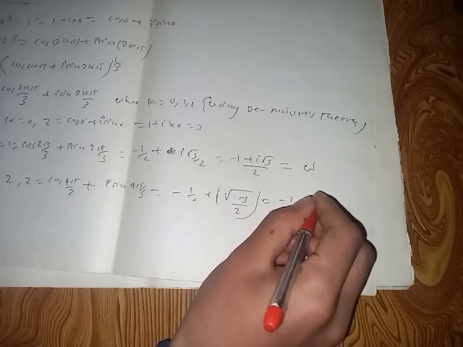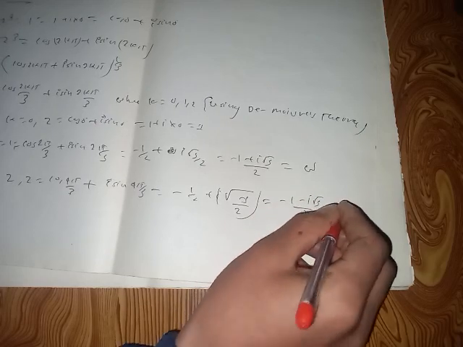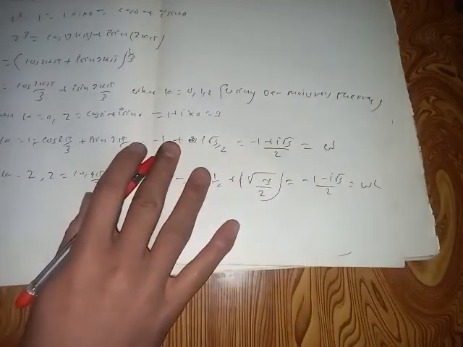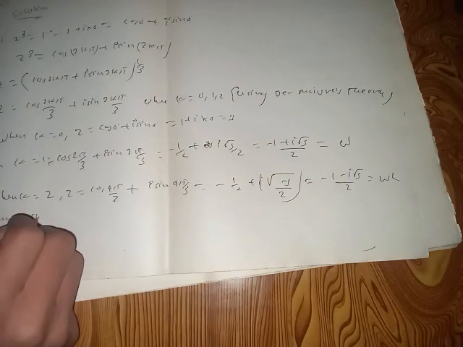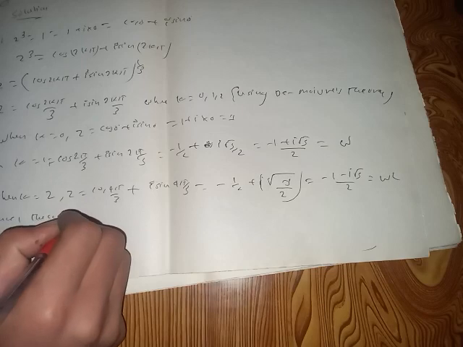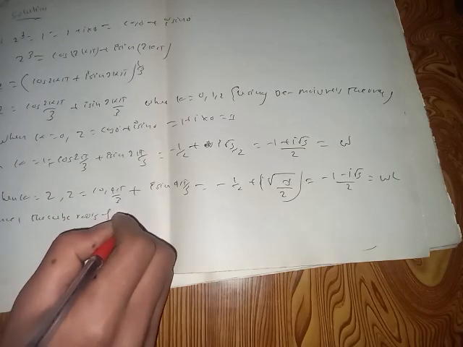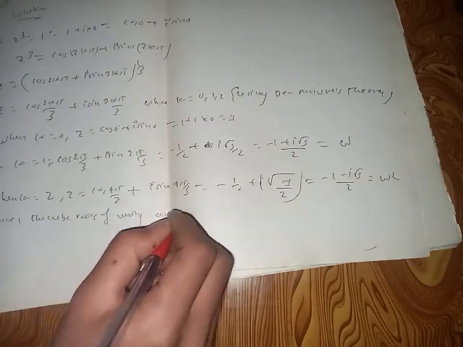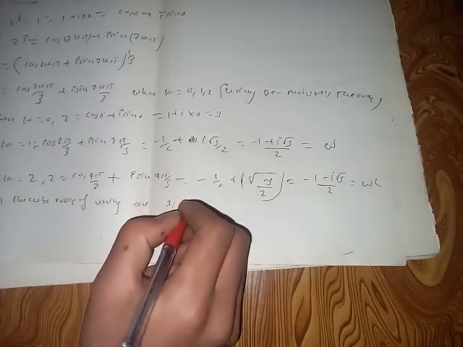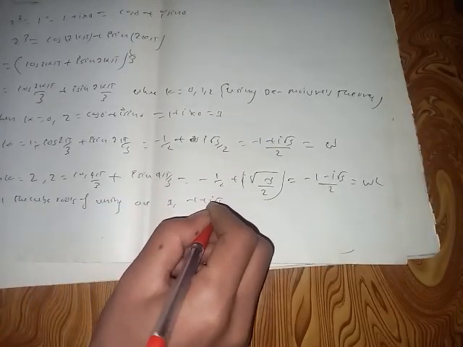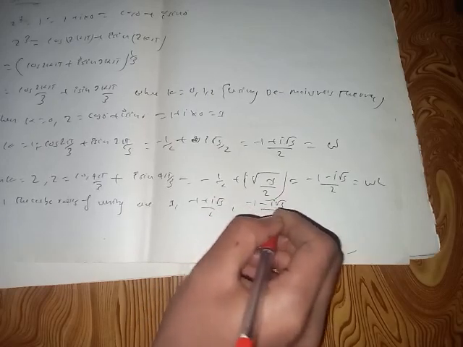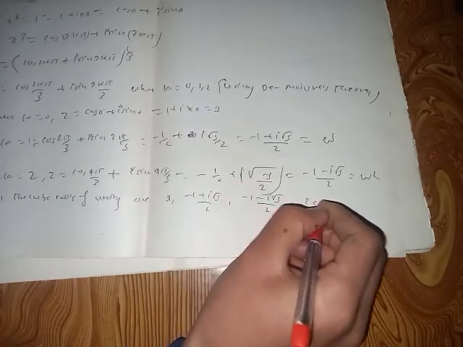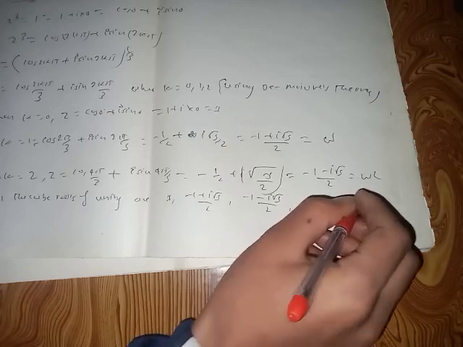Cos is negative in the second quadrant, so that is minus 1/2, and then plus i sin gives i √3/2, so it is equal to minus 1 plus i√3 by 2, and this has another name, omega.